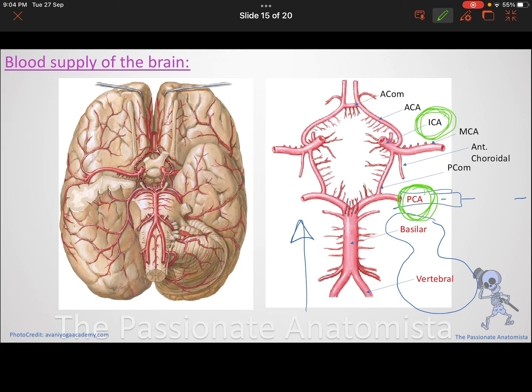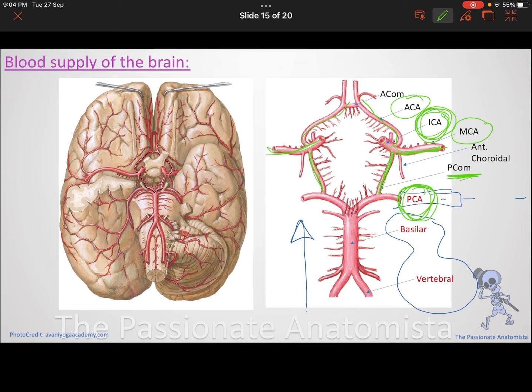He will say, okay, so you took the posterior, I'm going to take everything else. You are posterior, but I will give the anterior, and I will give the middle. All right, so the anterior cerebral artery is going to be a branch of the internal carotid. The middle cerebral artery is going to be a branch of the internal carotid, and he's going to give a communicating branch to close off the circle with the basilar system, and we're going to call that the PCOM, the posterior communicating artery.